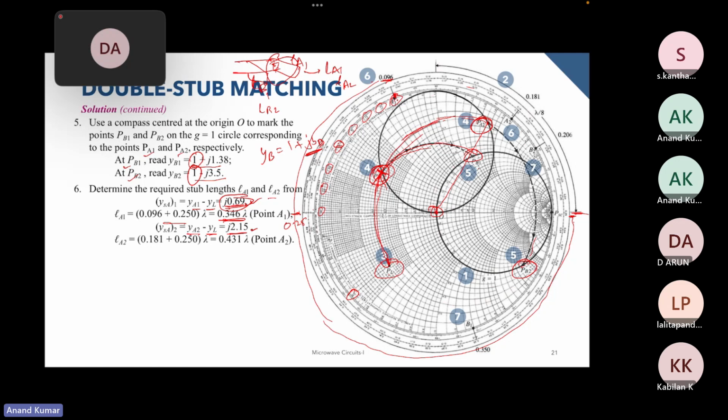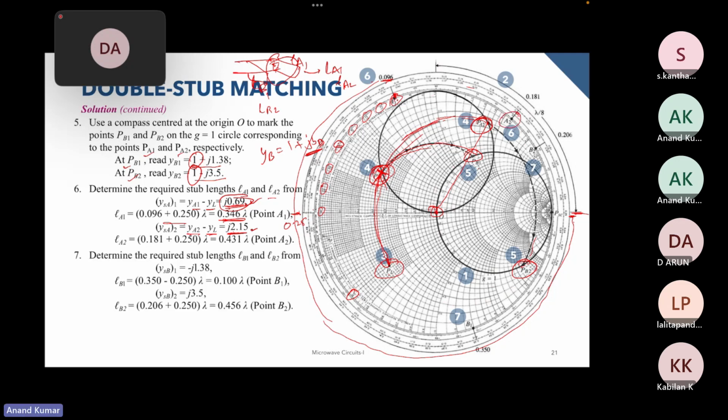Similarly, if you take the value of j 2.15, we find this first, 0 j 2.15. For j 2.15 will be somewhere here. So 2.15 will be over here. So we mark the point A2 over here, and then we calculate the distance between the short circuit to A2.